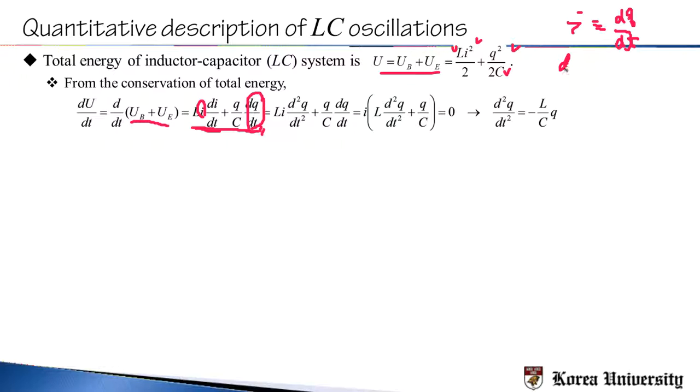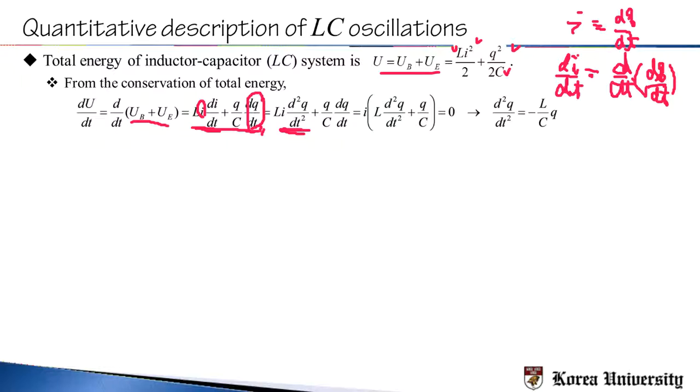If you take the time derivative of the current, di/dt is equal to another time derivative of dq/dt. So it's just like taking the second derivative of the charge, which means you are differentiating the charge twice. So you can now write it this way.